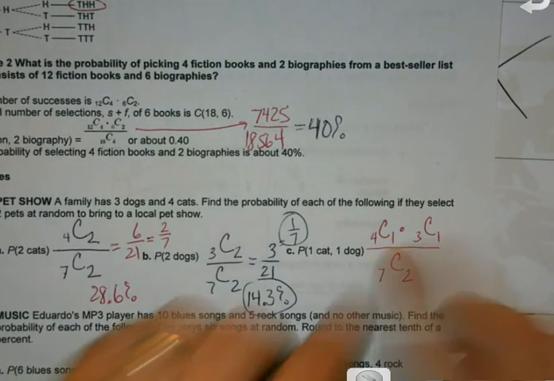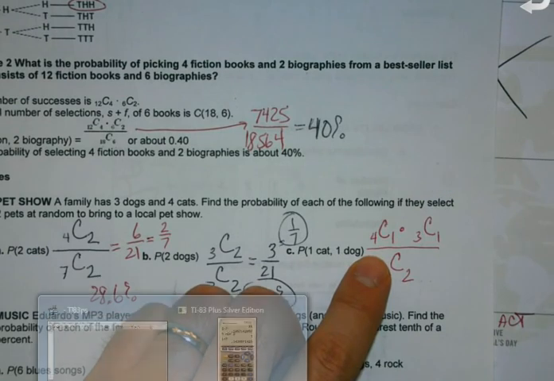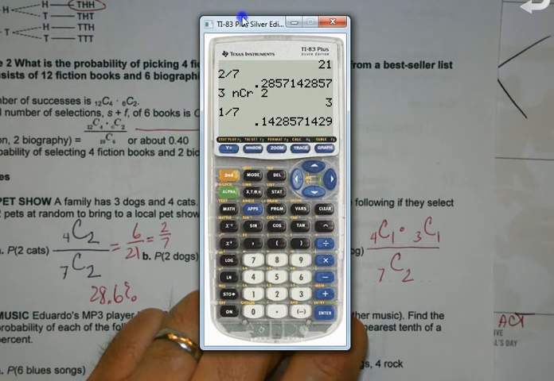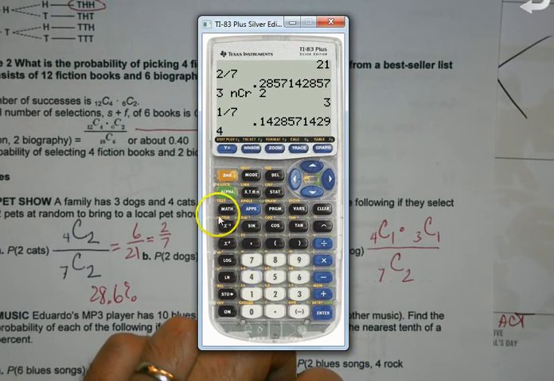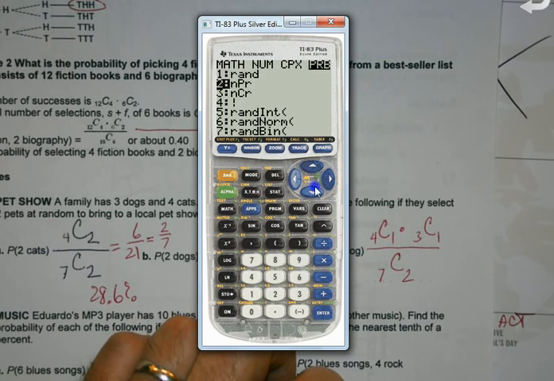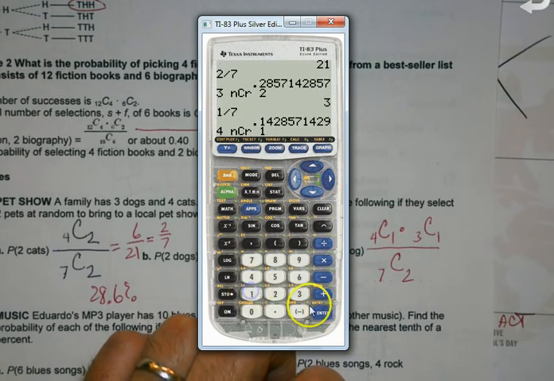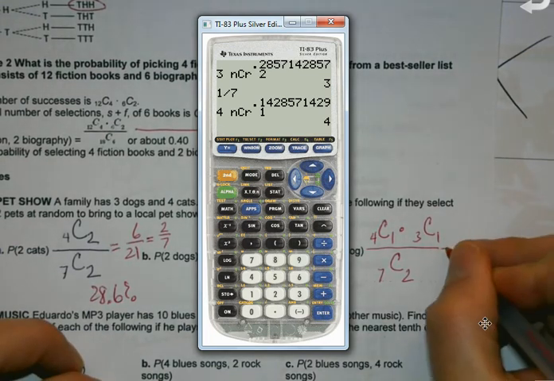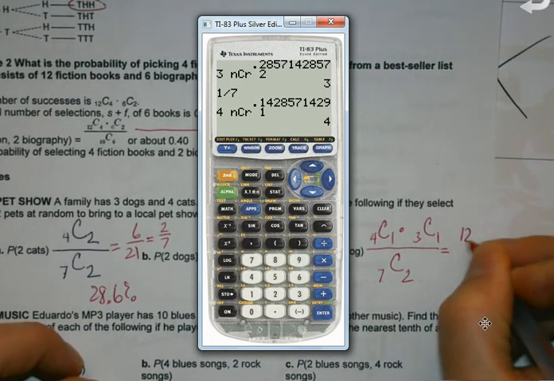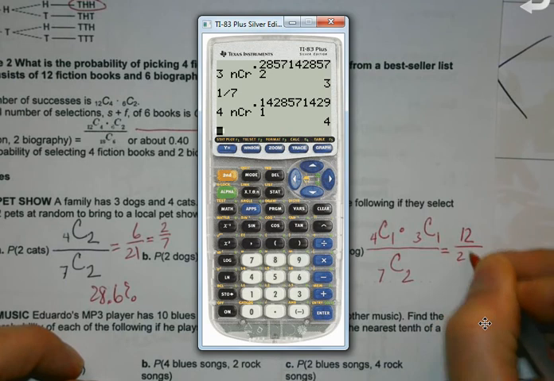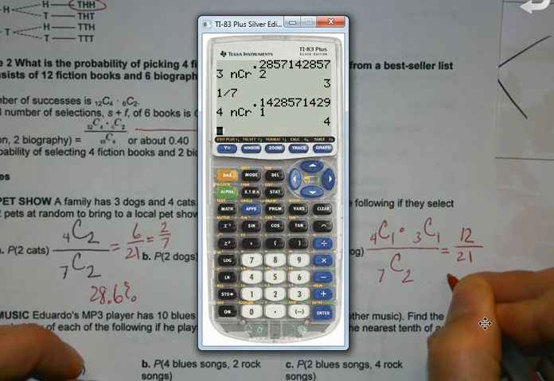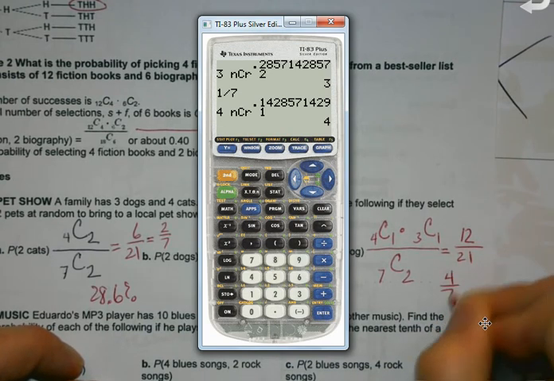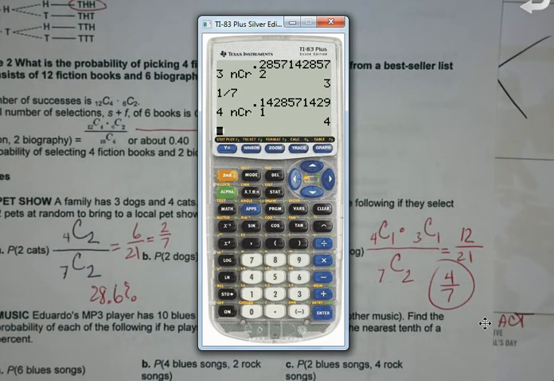But when I'm up here, let me move this over here, I'm still doing 4 pick 1, which is 4, and 3 pick 1, which will end up being 3. So that's 12 over 21, or 4/7.